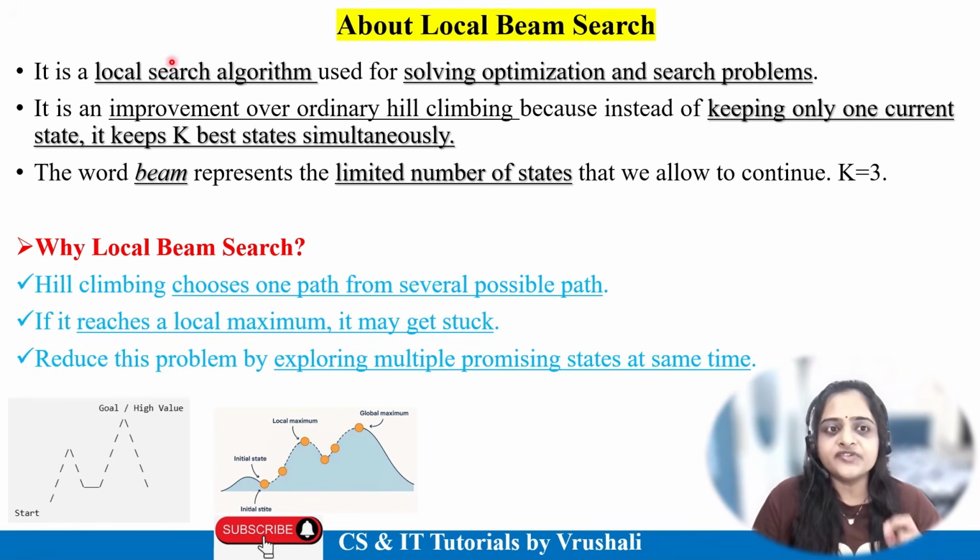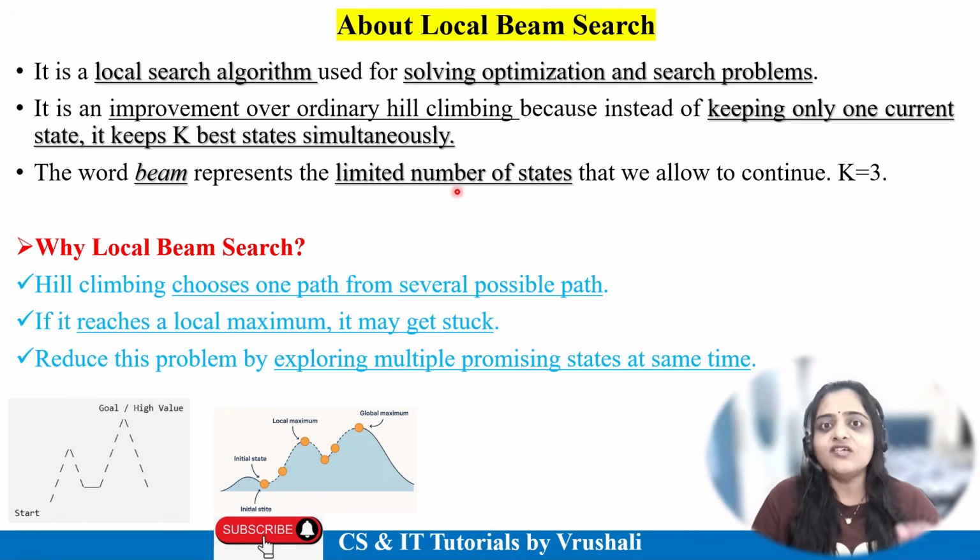Local beam search is one of the local search algorithms used to solve optimization problems. It finds the best solution among all possible states, always using the highest evaluation value. Local beam represents a limited number of states.